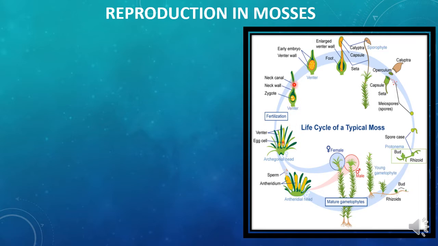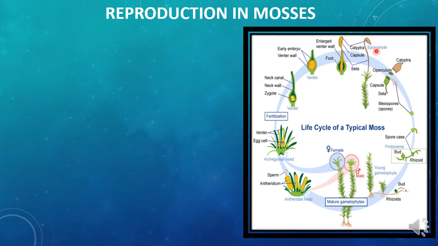So the archegonium has the neck wall and the neck canal, and the zygote in turn divides mitotically and forms the multicellular sporophyte. The sporophyte has a foot, seta and capsule. The foot is the structure which fixes the sporophyte to the gametophyte, the seta is the tubular structure, and the capsule is the structure which holds the spores.